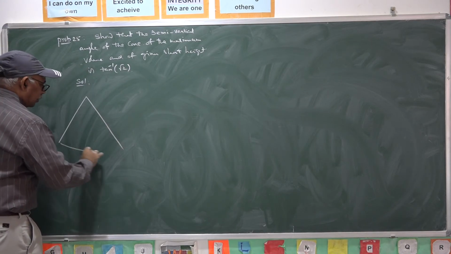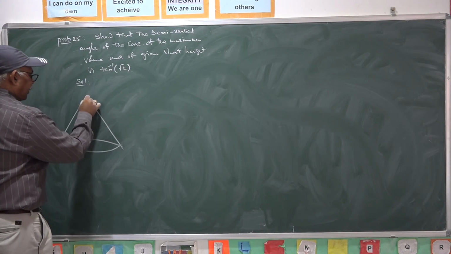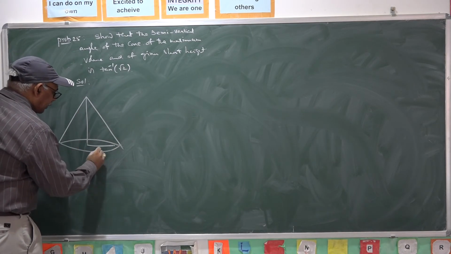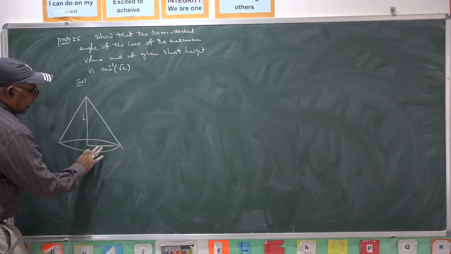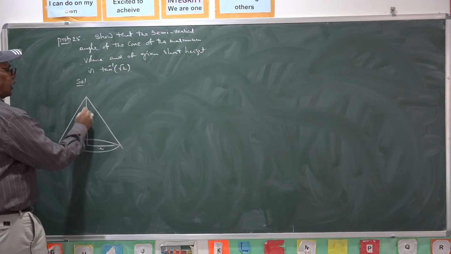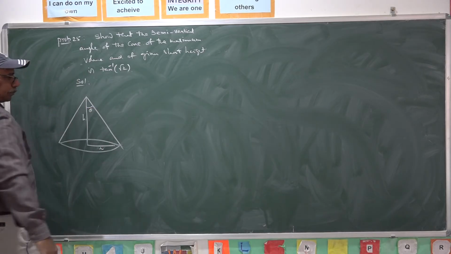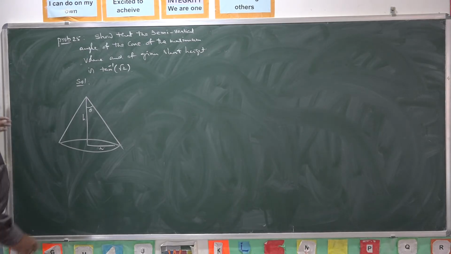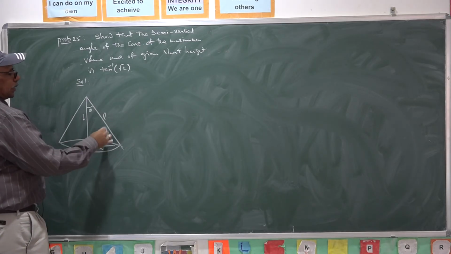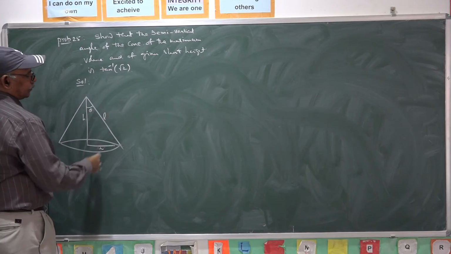Let us consider the cone. Let R be the base radius of the cone, H be the height or altitude, theta be the semi-vertical angle, and L be the slant height. L is given, it is constant.